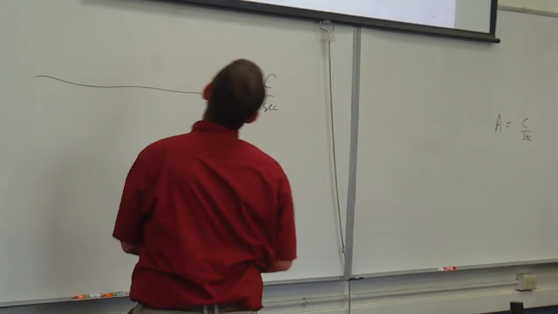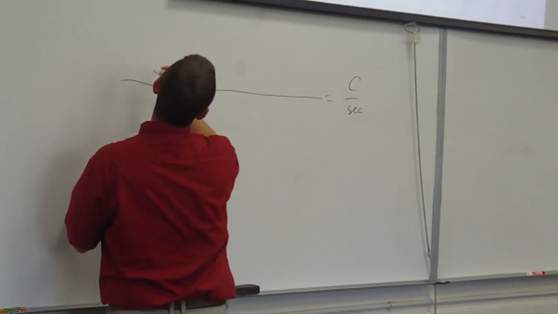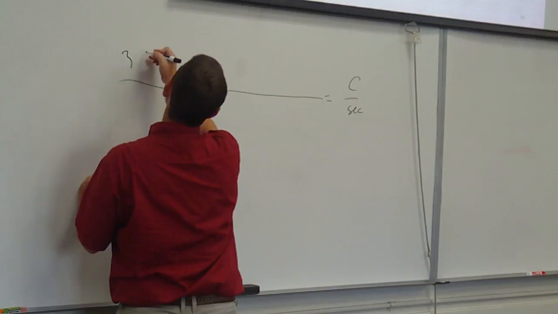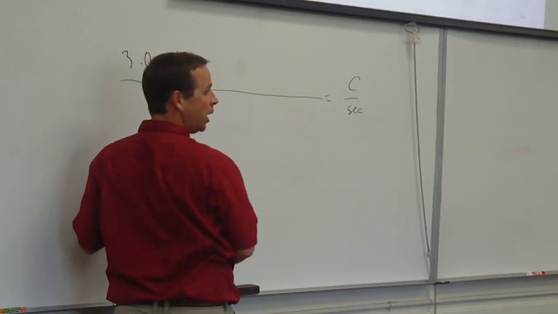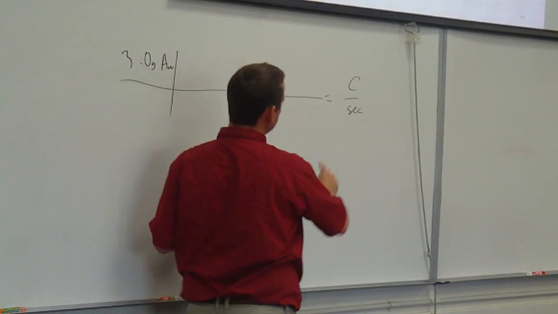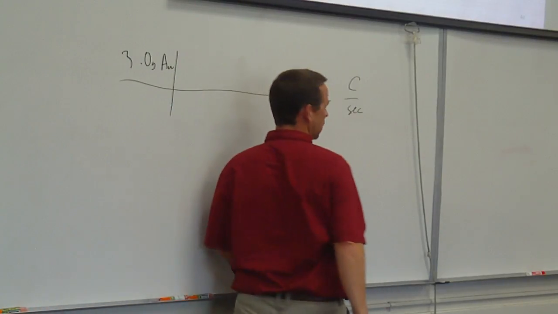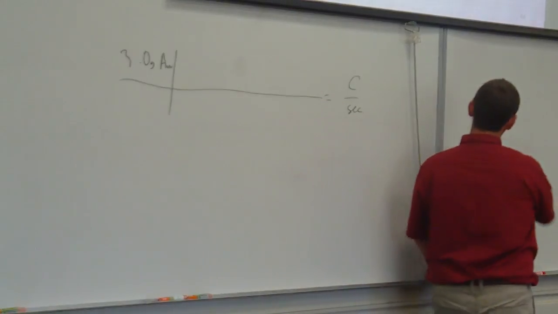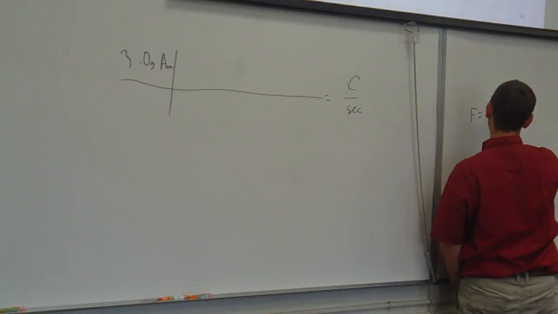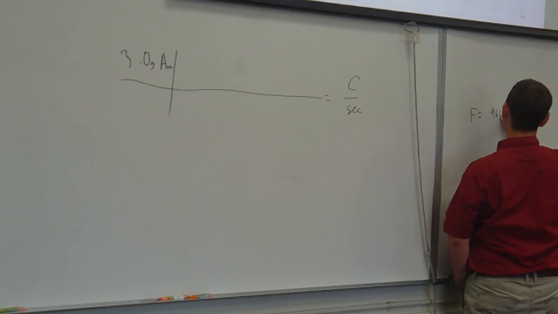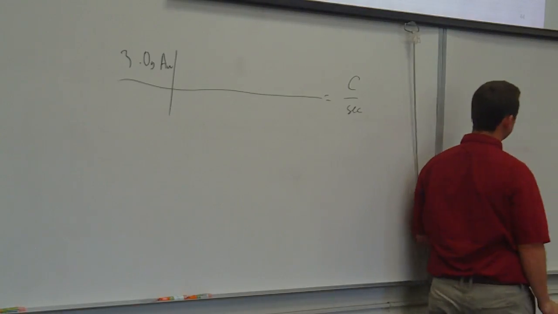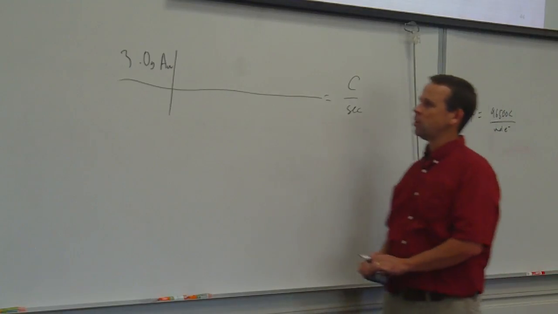I can start with 3 grams of gold. Faraday's constant tells us that there are 96,500 coulombs for every mole of electrons. So that will help us.